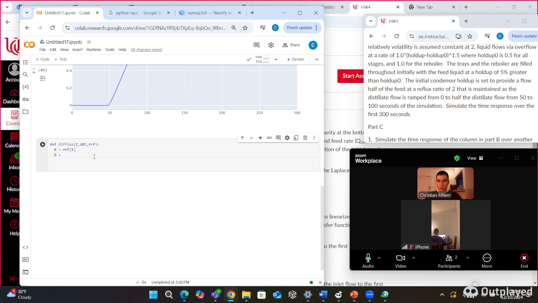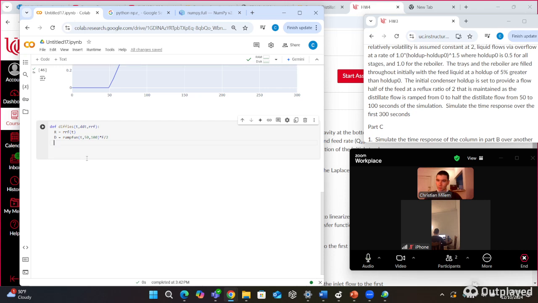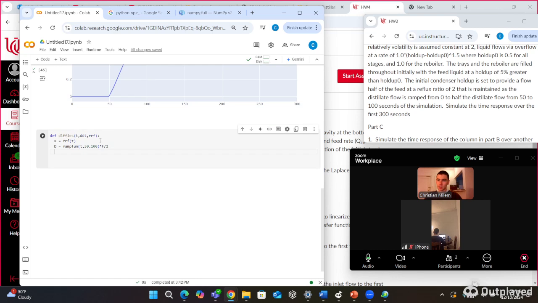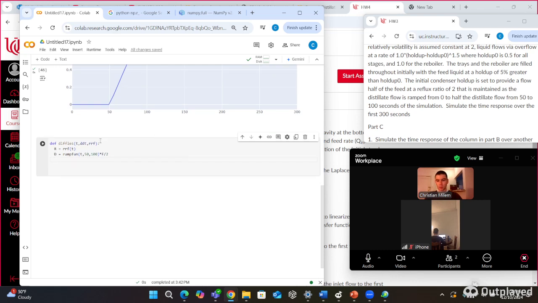So we're going to do ramp function T 50, 100, F divided by 2. For DMs, those are going to be just an array of zeros.